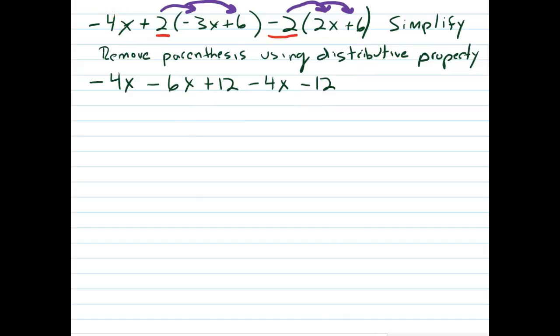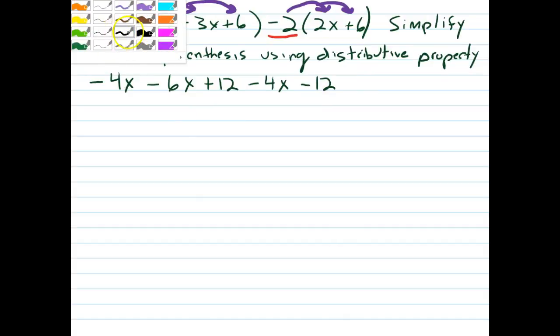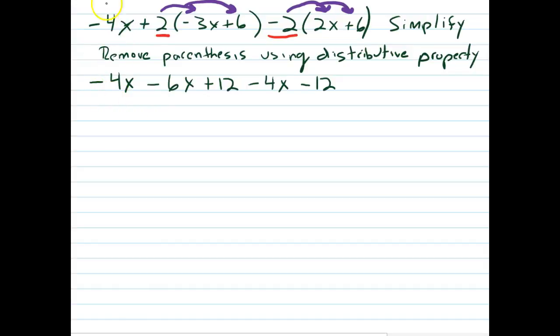Now, what I'm going to do is combine like terms. So what I've got here is a negative 4x, a negative 6x, and a negative 4x. I can combine those into one term. So minus 4x, take away 6x is negative 10x.